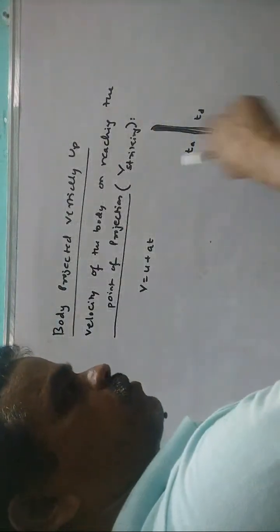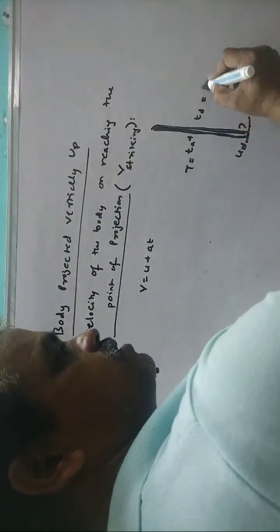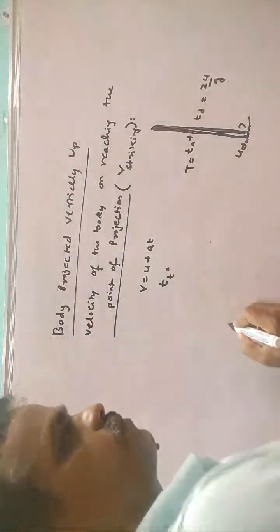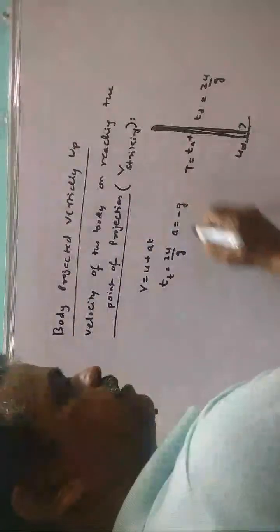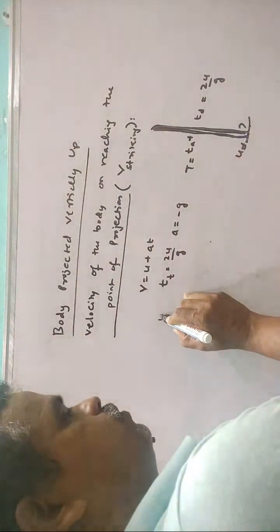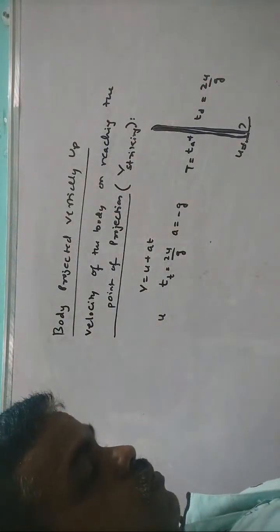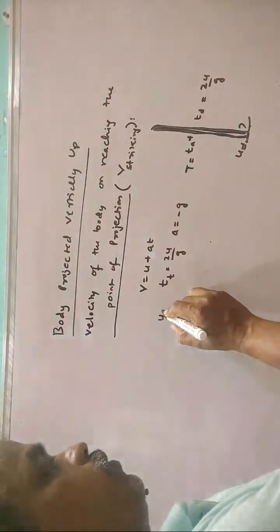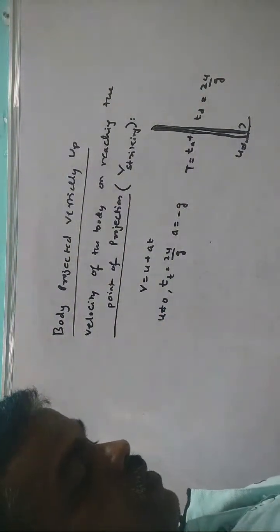So total time of flight will be T equal to TA plus TD, that is equal to 2u by g. Here a equal to minus g, and u is not equal to 0. Just substitute these things, you can get the answer.